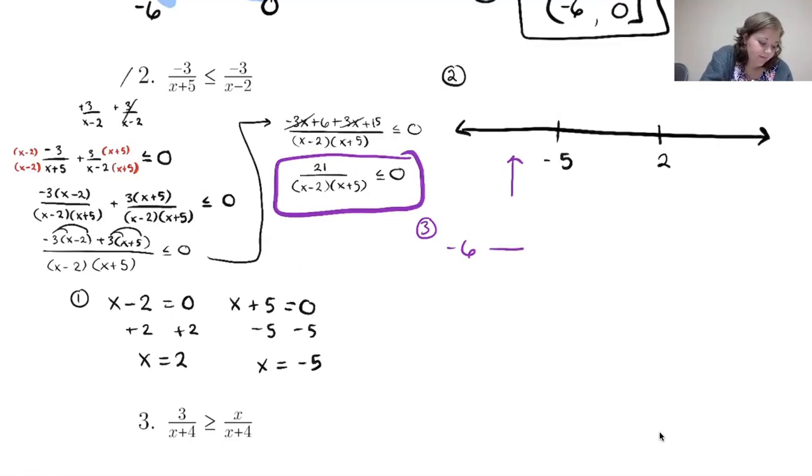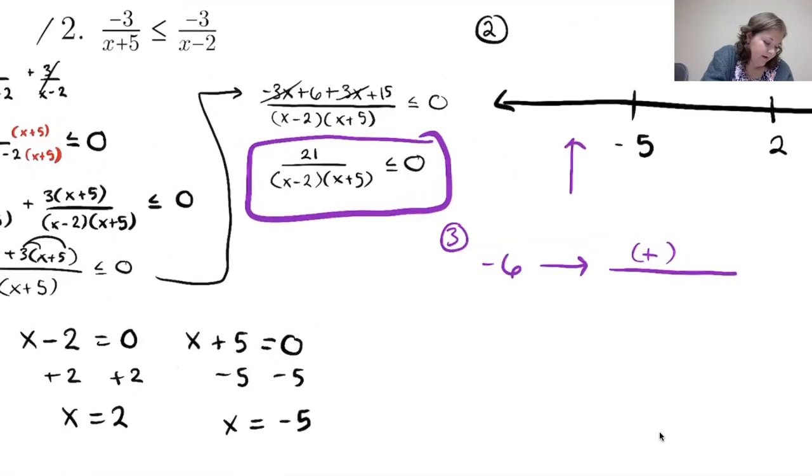So if I plug in negative 6, then I'm getting 21 on top, which is a positive number. Then on the bottom, I'm getting negative 6 minus 2, which is negative. And then negative 6 plus 5, which is also a negative. And then we want to see, is that less than or equal to 0?